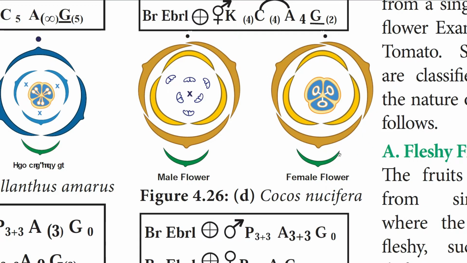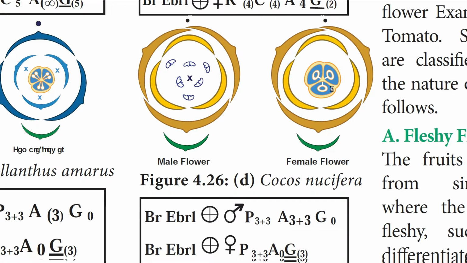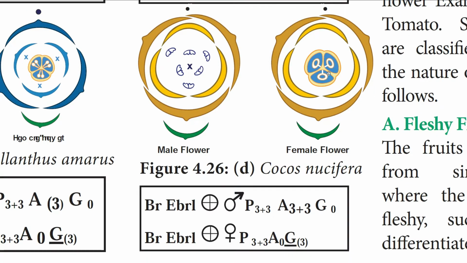They do not possess bracteoles, but they have bracts. In the male flower we can see how the androecium, the stamens, are distributed. 3 are in one whorl and another 3 are in the outer whorl, but they are free. The ovary is absent in the male flower and stamens are absent in the female flower, and the ovary is a tricarpellary syncarpous superior ovary.